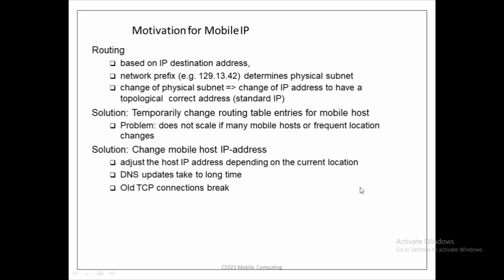So the problem is that the domain name system, DNS, needs some time before it updates the internal tables necessary to map the logical name to an IP address. This approach does not work if the mobile node moves, quite outdated. The internet and DNS have not been built for frequent updates.